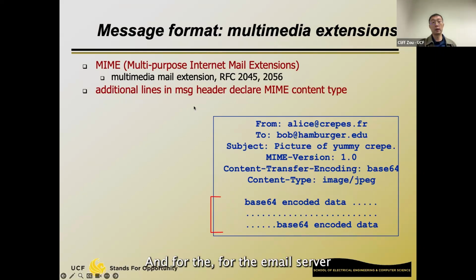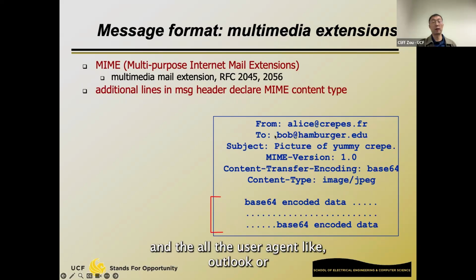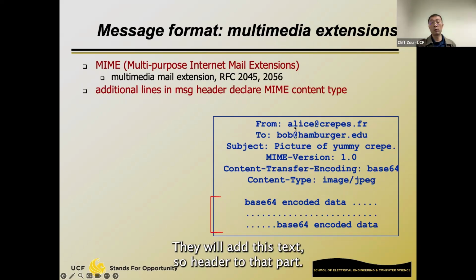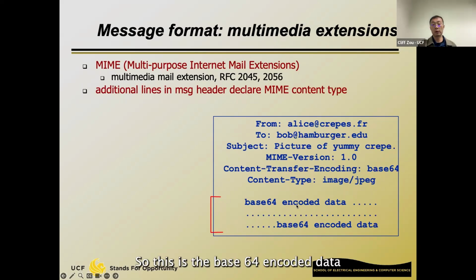And the email server and all the user agents, like Outlook or Netscape Messenger, will encode by base 64. They will add this text as a header to that part. So this is base 64 encoded data in ASCII text format, and before that, this header will be added.